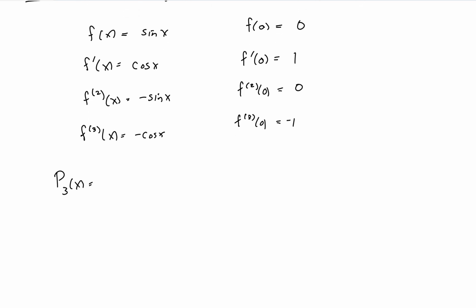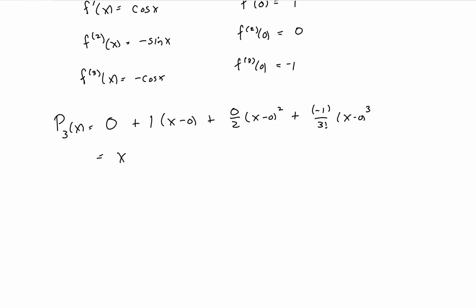So this is f of 0, so it's 0, plus 1 times x minus 0, plus 0 over 2 times x minus 0 squared, plus minus 1 over 3 factorial times x minus 0 cubed, which we can simplify as x minus x cubed over 3 factorial.